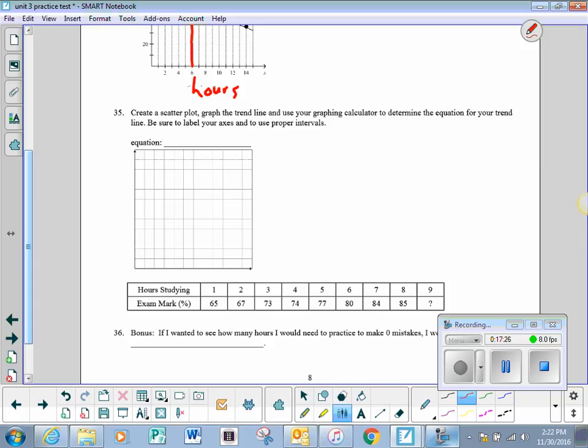So when I put all this into the table, and you can use your notes that I gave you on the test, you get an equation of y equals 2.96x plus 62.29, and then when you graph it, I'm going to just make my hours go up by ones, and then I'm going to make my scores go up by 10 each time.